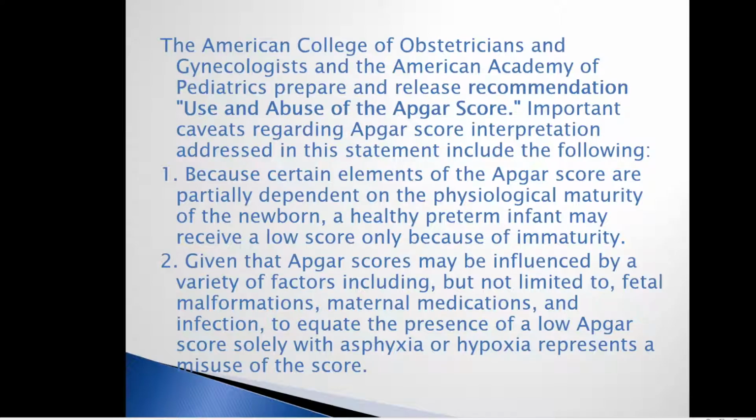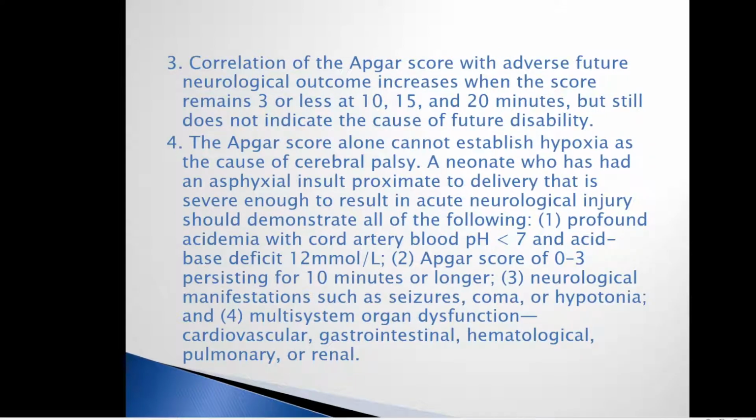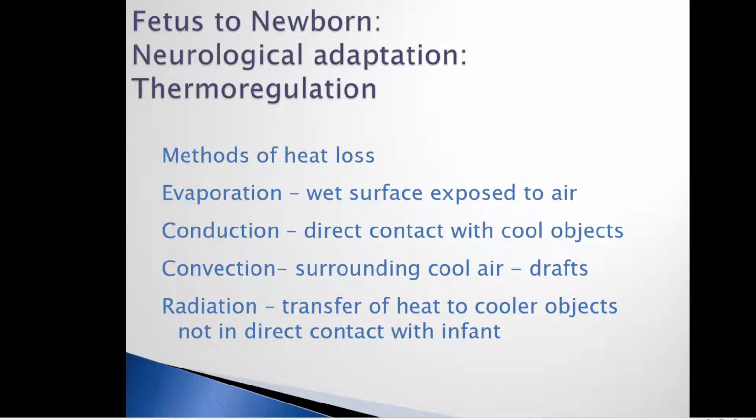And the American College of Obstetricians and Gynecologists and the American Academy prepared and released a recommendation, use and abuse of the Apgar score. I repeat again that we use this score for all newborns.